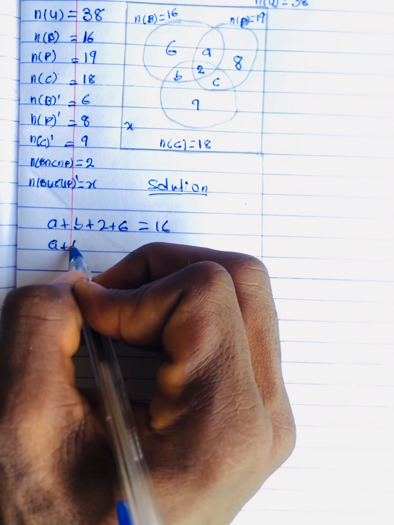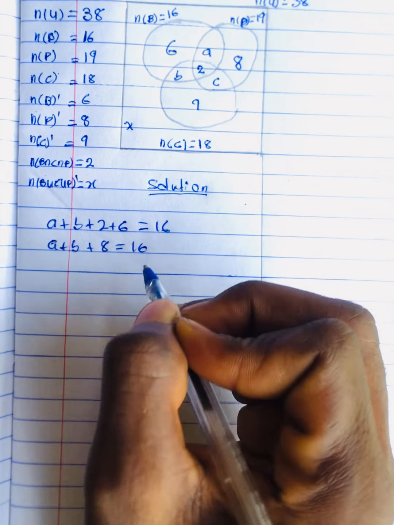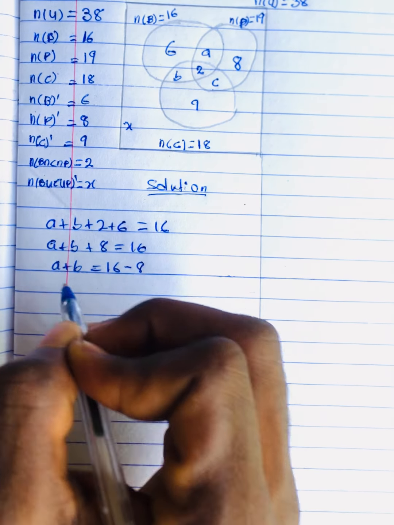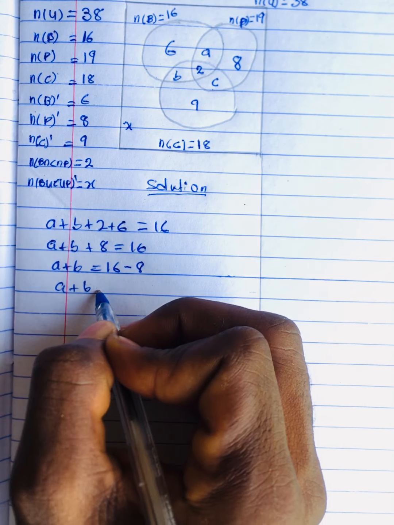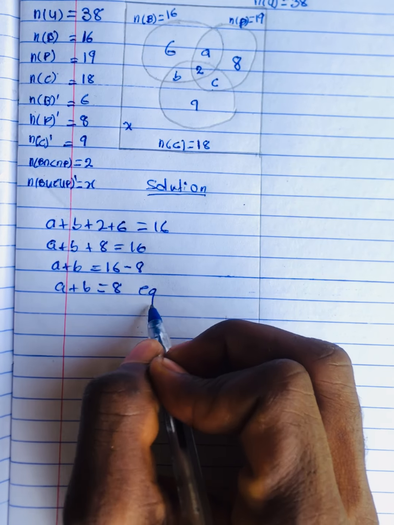Then A plus B plus 8 is equal to 16. A plus B is equal to 16 minus 8. A plus B is equal to 8. Since it is simultaneous equations we are dealing with, let's call this equation 1.